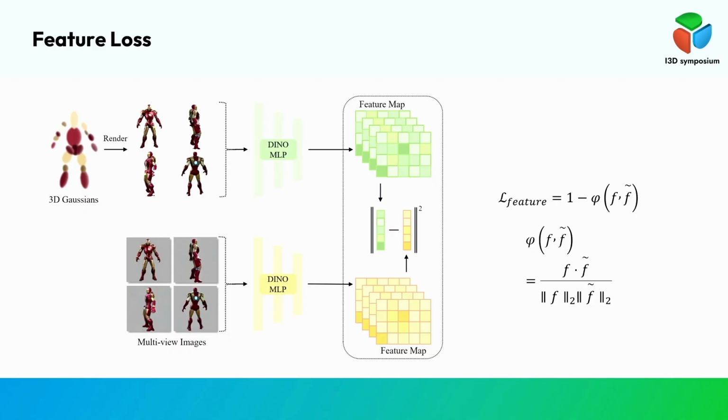Since DINO features are defined at the image patch level rather than at the pixel level, they enable optimization of high-level semantic consistency in the images. By incorporating feature loss, we can ensure that the generated image is closer to the reference image in terms of semantic content, which is essential for producing more natural and consistent content.